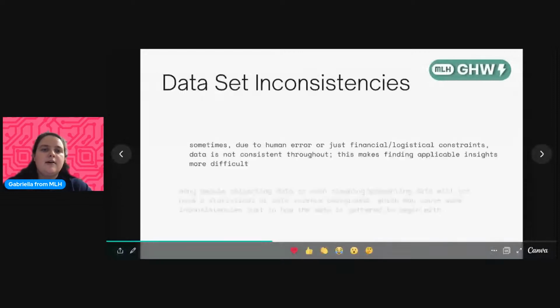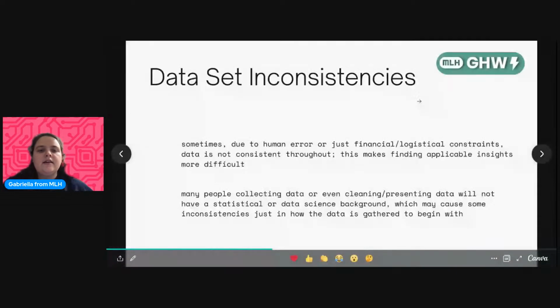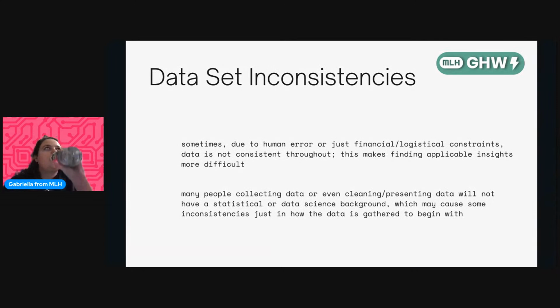So next we're going to talk about data set inconsistencies. Sometimes due to human error or just financial and logistical constraints, data is not consistent throughout the entire set. It makes finding applicable insights more difficult, and it's not usually due to the fault of anyone. It's human error.